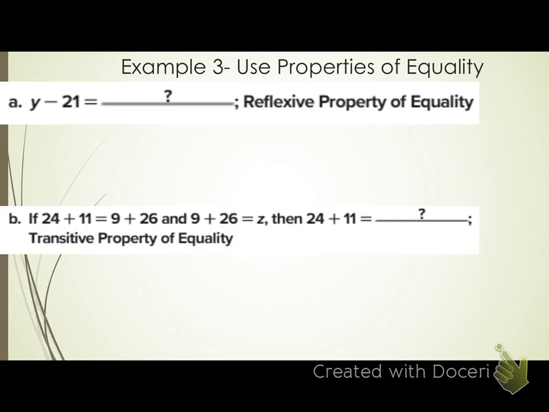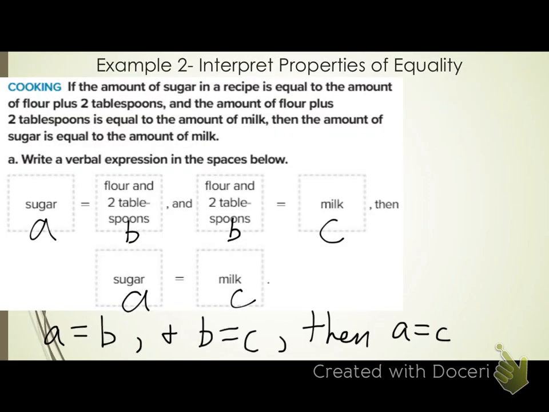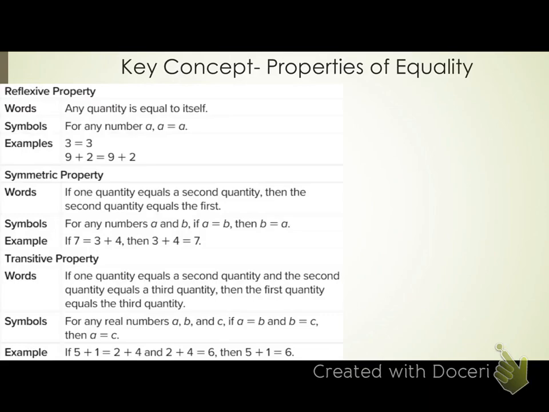Okay? So let's go look back at our 3 properties again. Remember, reflexive, a quantity equals itself, right? Symmetric, I can reverse the order of my equation. If A equals B, then B equals A. Transitive, if A equals B, B equals C, then A equals C.